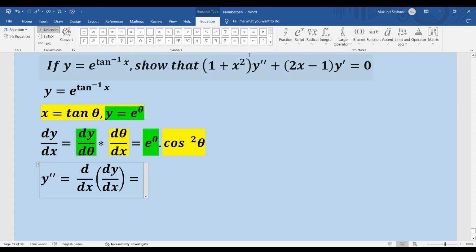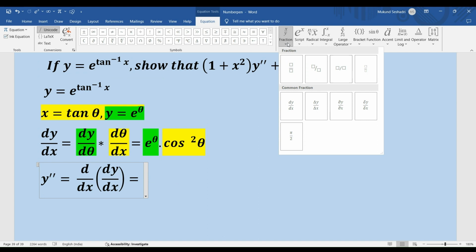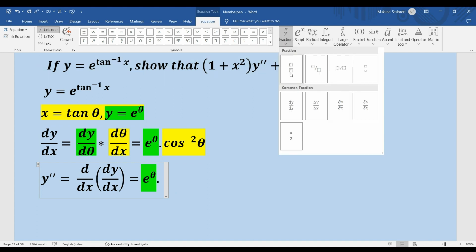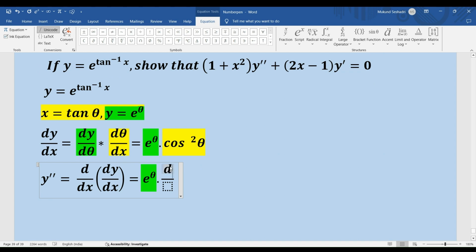So my function 1, when I differentiate it with respect to x, is nothing but e to the power theta. Again, I use the same green color, e to the power theta. But remember, folks, we are doing a differentiation with respect to x, right? So I need to go to the inner function and do a differentiation of theta with respect to x, which means I will have my d theta by dx out here, right?